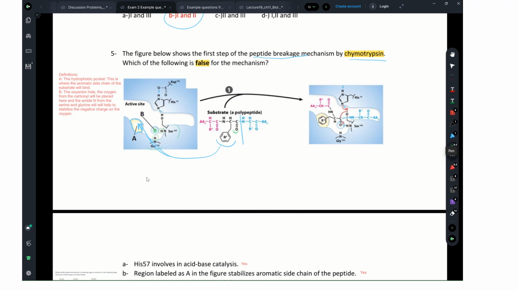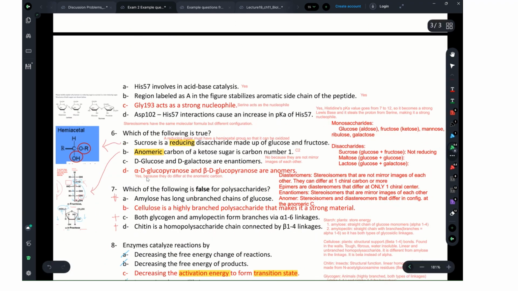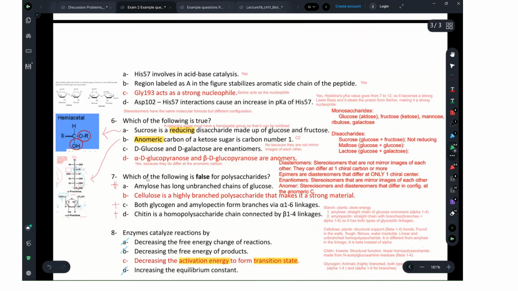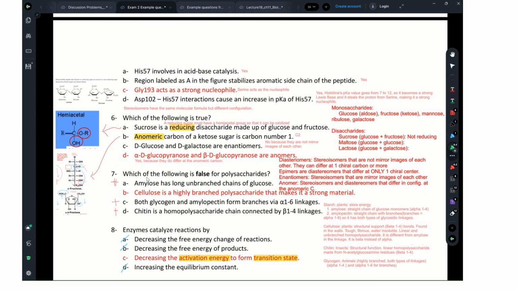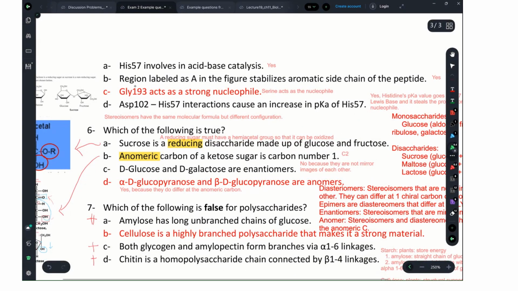So let's see, number 5 question. Histidine 57 is involved in acid-base catalysis. So yes, this is true. Let's see, what were they asking? Oh, they want to know which one is false. So C is false. So I'm just going to put true right here.